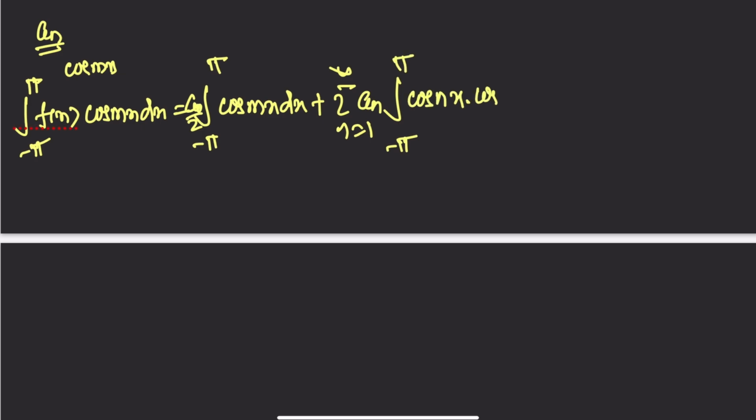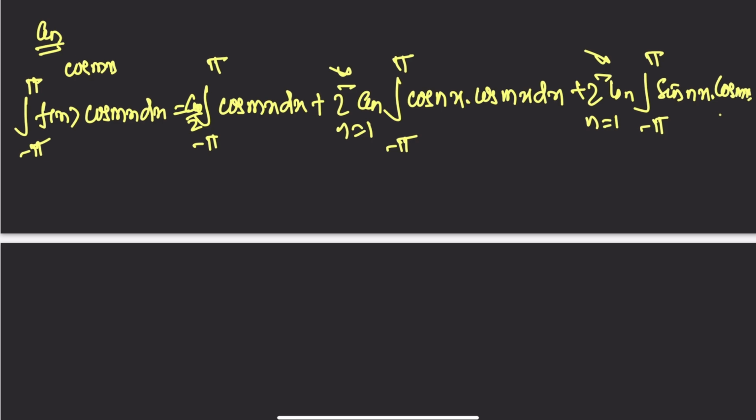So equation 1 becomes integral from minus pi to pi of f of x cos mx dx equals a0 by 2 integral from minus pi to pi of cos mx dx, plus summation n equals 1 to infinity an integration from minus pi to pi of cos nx cos mx dx, plus bn integral from minus pi to pi of sin nx cos mx dx.